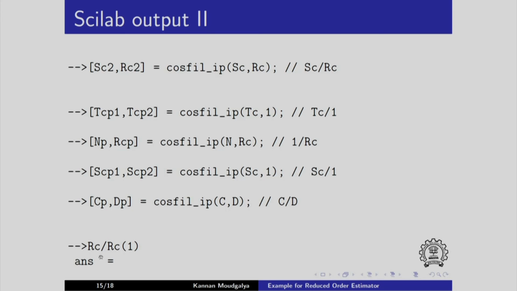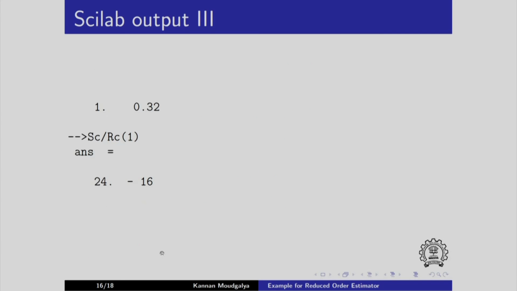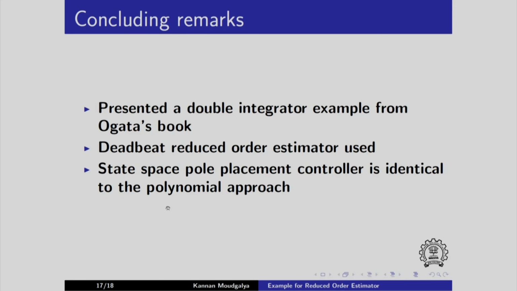I scale RC and SC. The answer is here. This is RC 1 and 0.32 Z inverse, and SC is 24 and minus 16 Z inverse. You can see that these values are identical to what we obtained earlier.